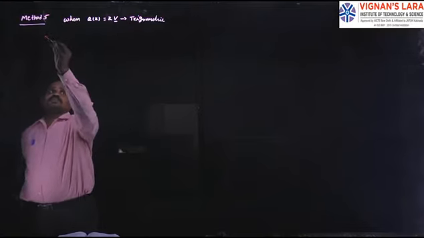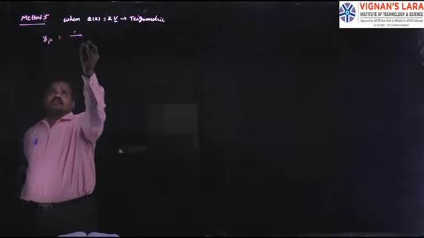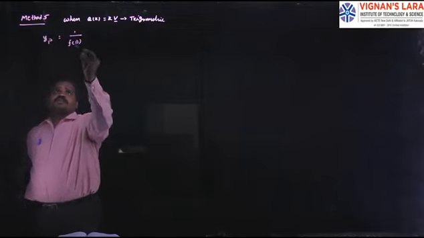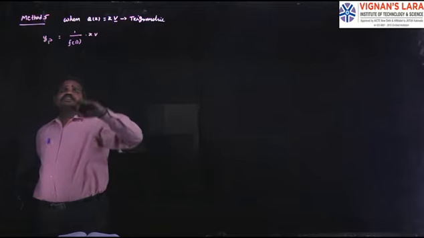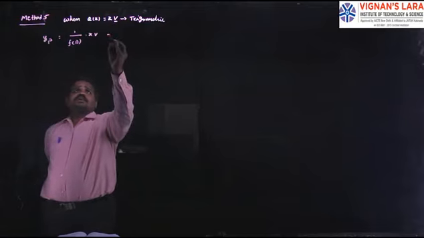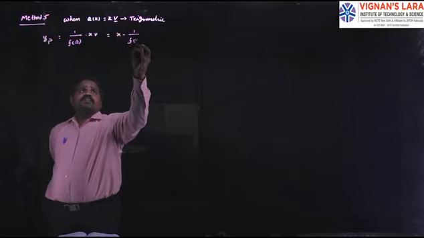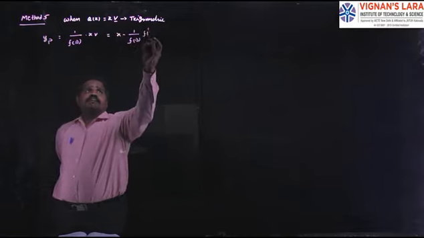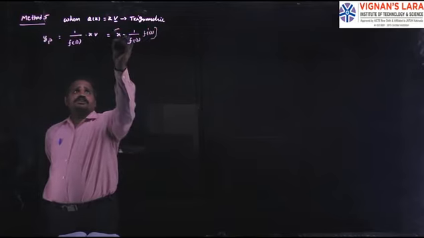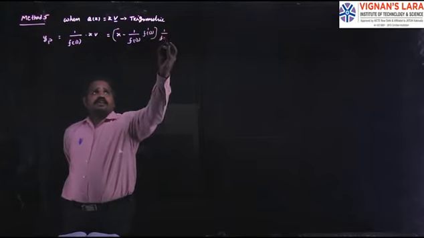What will we do in this method? Here the yp formula is 1 by f of D into x into v, which is equal to x minus 1 by f of D into f dash of D into 1 by f of D into v.